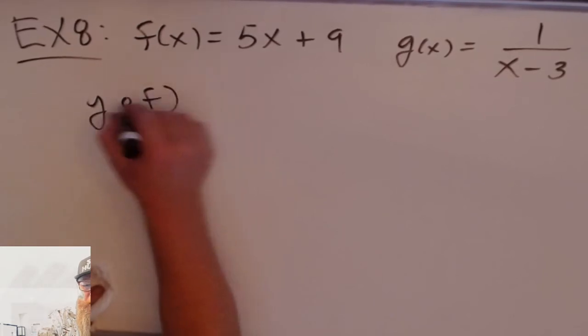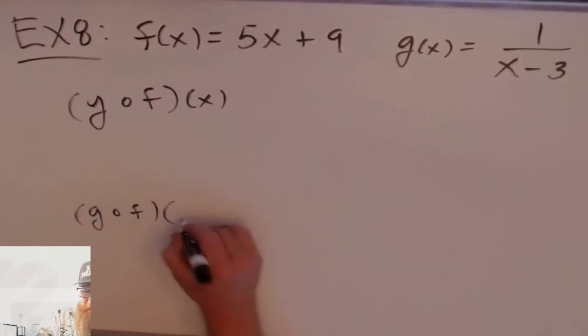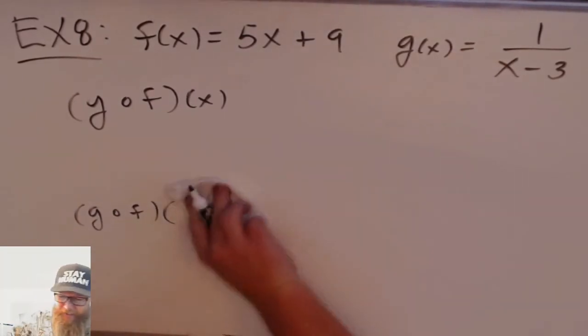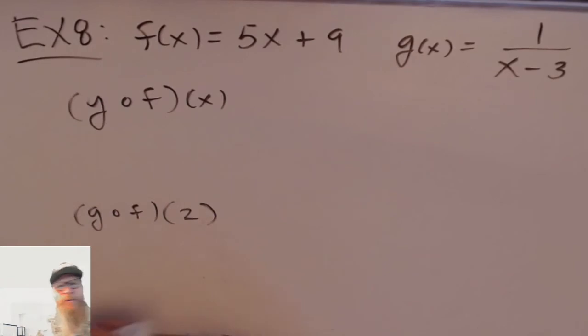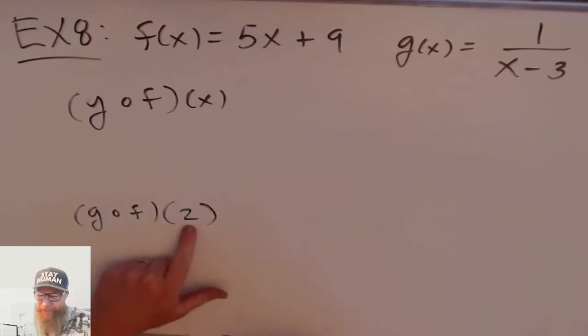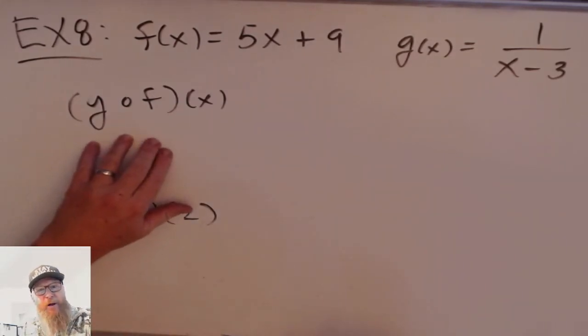Let's do g of f of x and g of f of 1. And let's make it 2. Change my mind. Really doesn't matter. I mean, a number's a number, but I'm trying to move this along.